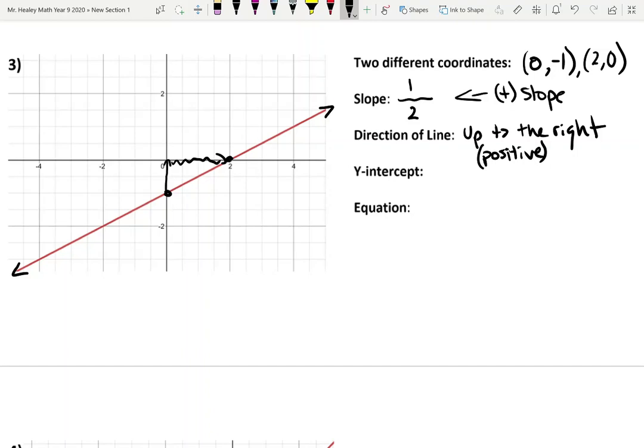Our y-intercept is (0, -1). Our equation for the line, y equals kx plus m, where k is the slope, 1/2x, and the y-intercept is -1. The equation is y equals 1/2x minus 1.